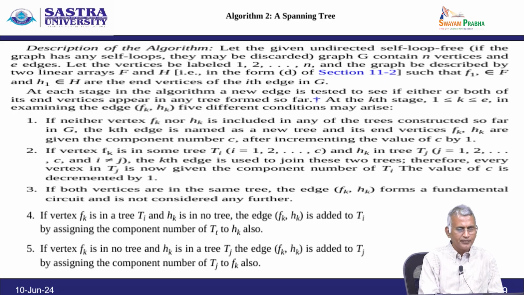Next, a spanning tree. The description of the algorithm is: let the given undirected graph G be self-loop free, meaning there are no parallel edges and no self loops, containing n vertices and e edges, labeled 1 to n, and described by two linear arrays F and H, such that Fi in F and Hi in H are the end vertices of the ith edge in G. At each stage in the algorithm, a new edge is tested to see if either or both of its end vertices appear in any tree formed so far.